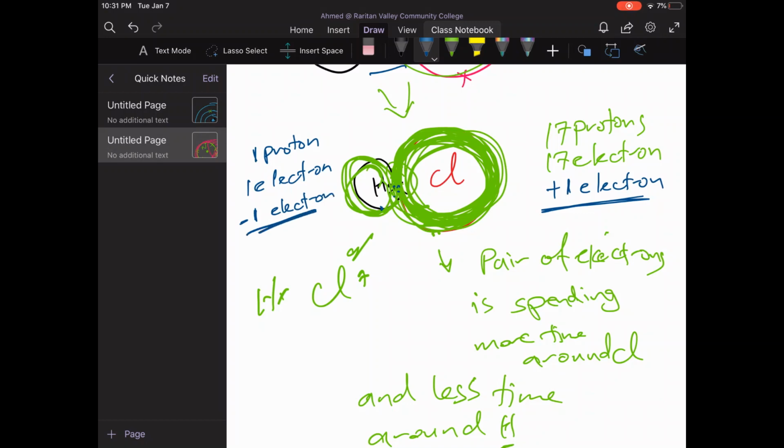It's not complete loss, and the same thing here, it's not complete gain. However, since there is more time of the electron around the chlorine, it will start to feel that there is an extra electron in its valence shell. And therefore, it will display a negative charge, a partial negative charge. This is delta, we will say minus delta. Okay? So it means a partial or temporary negative charge.